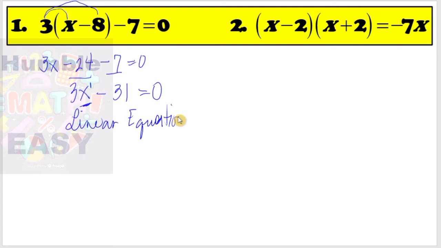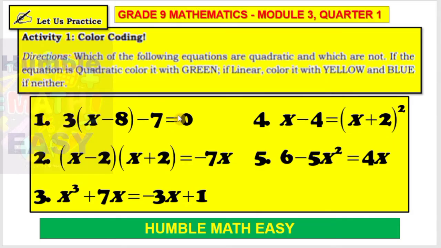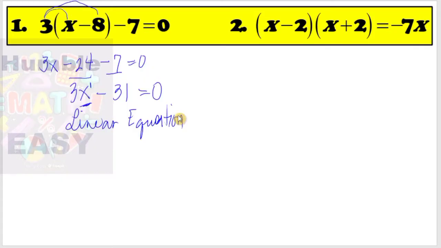So going back to the given instruction, if the equation is quadratic, color it green. If linear, color it yellow. And if neither, blue. So meaning to say, this one now I will be marking as yellow.